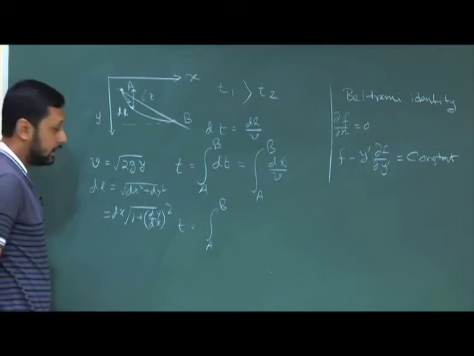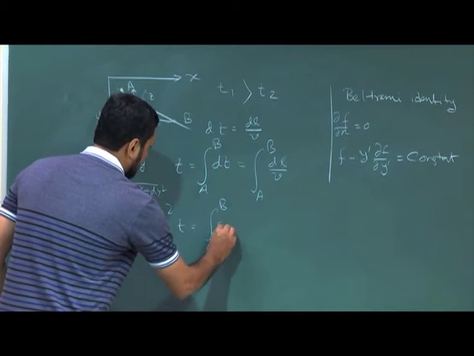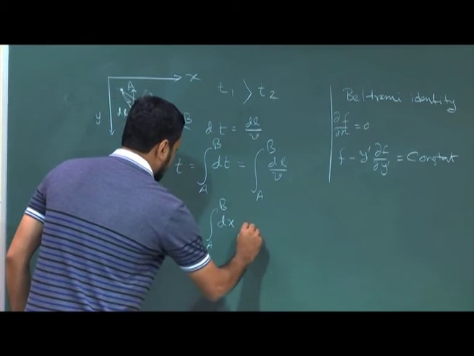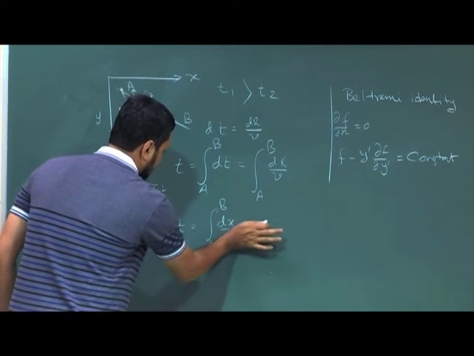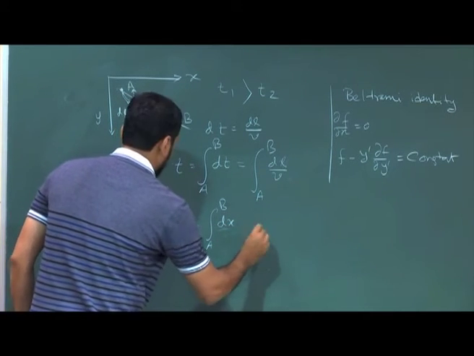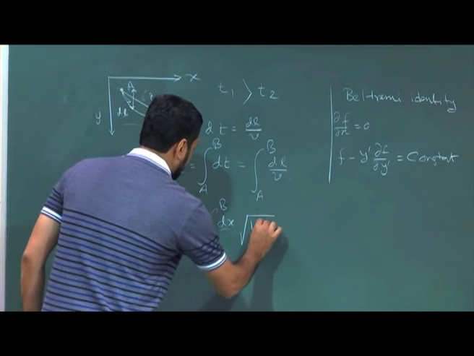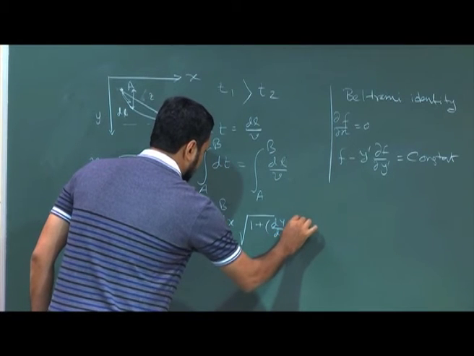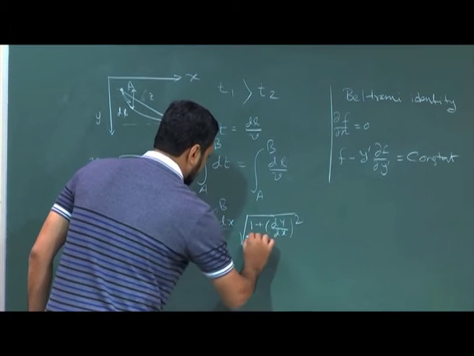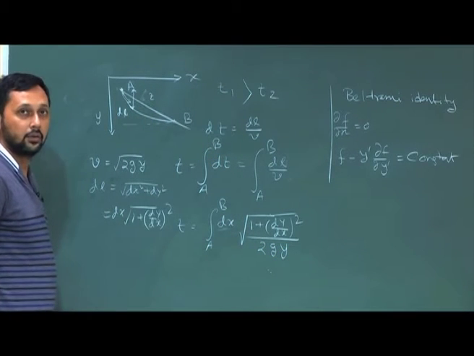We can do that, and once we substitute it here, we get dx root over 1 plus (dy/dx)'s whole square divided by 2gy.